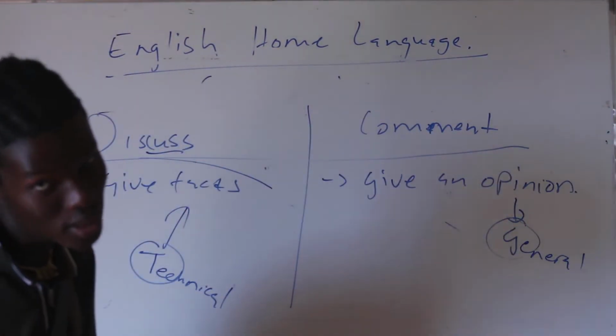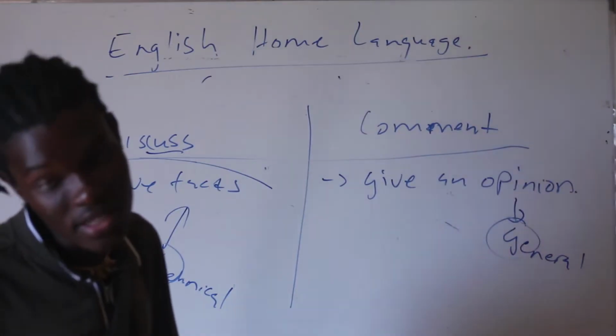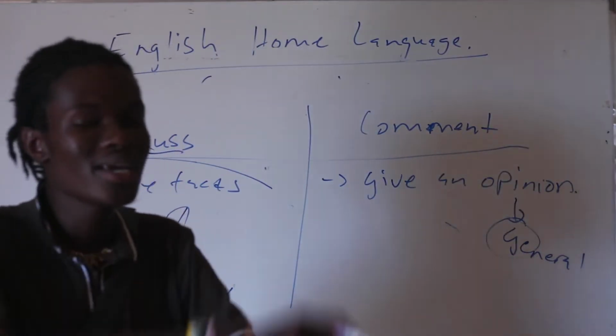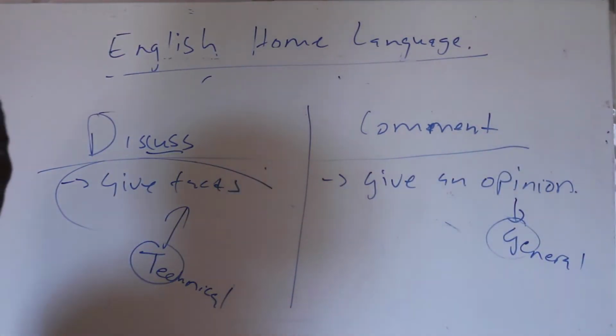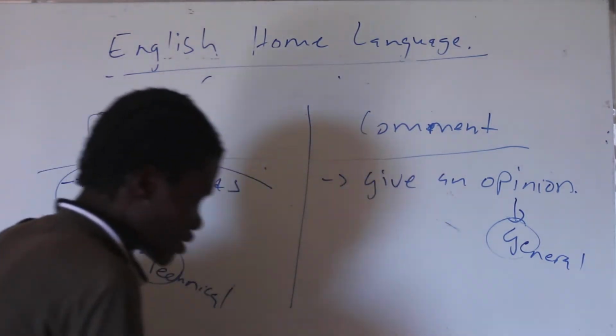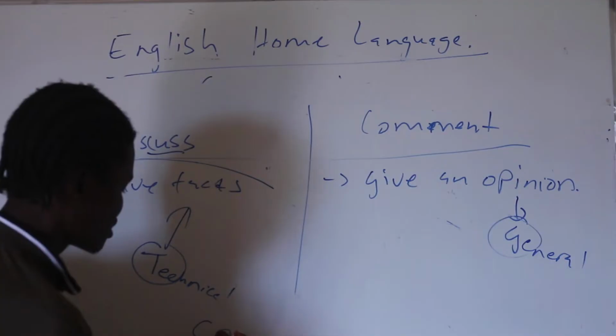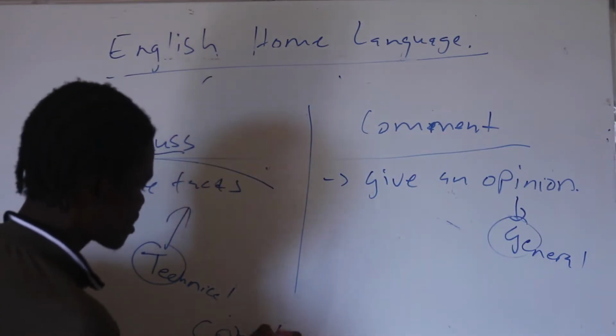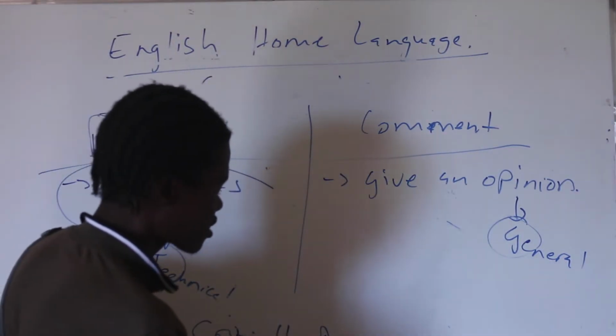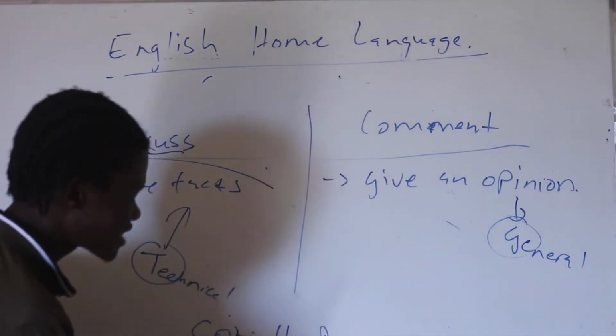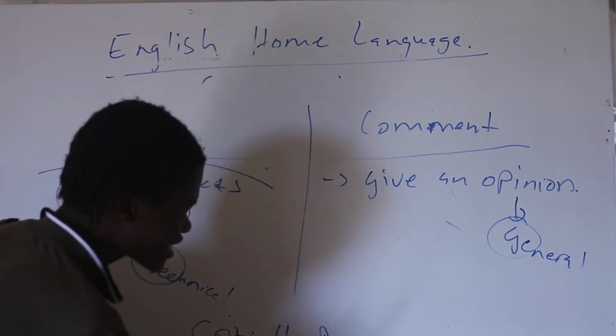Now we have a problem again in South Africa. Critically discuss, critically comment. It's the same thing. Hey guys, this is so easy. Critically discuss is the same as saying discuss. What is the examiner trying to do?